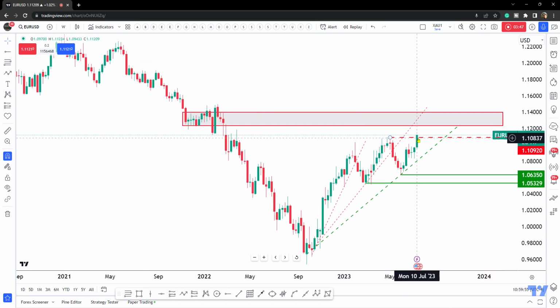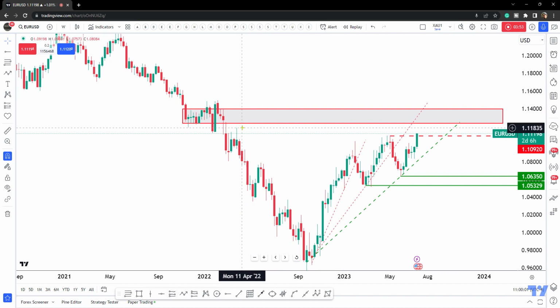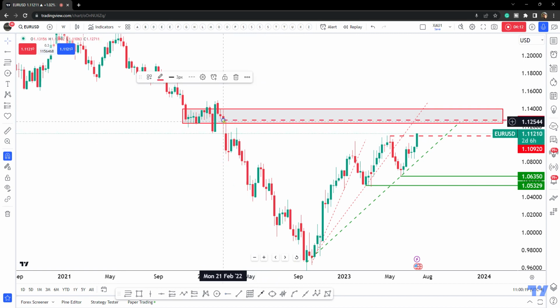What we may see is a push up, and I would say that perhaps coming up into the body of the, up to here, 112.70.